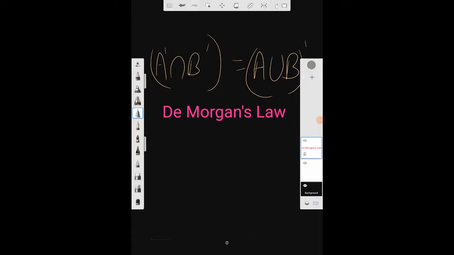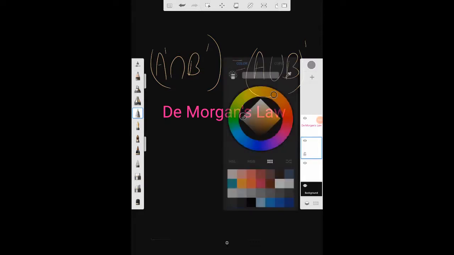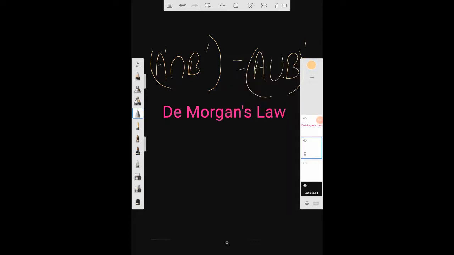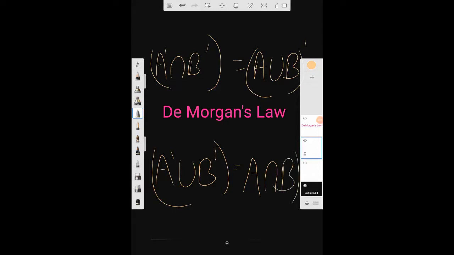Okay, this De Morgan's law doesn't consist of this thing alone. It consists of one more thing, that is, A intersection B whole complement is equal to A complement union B complement.